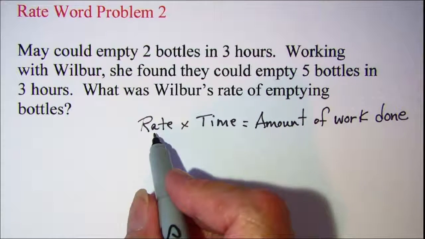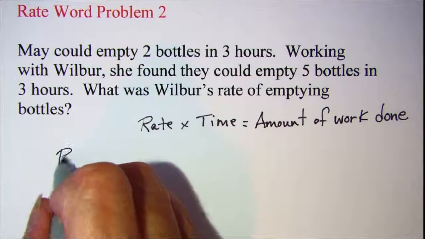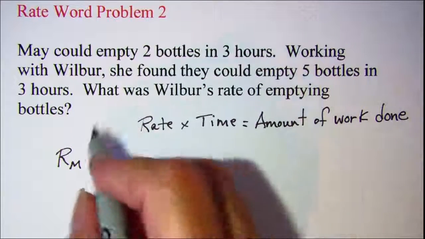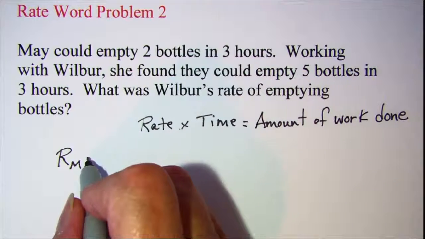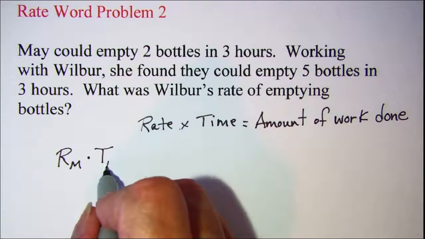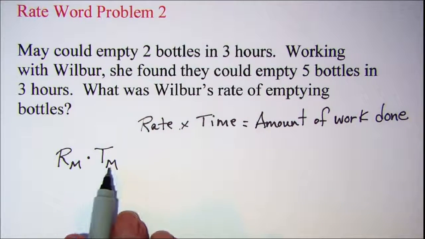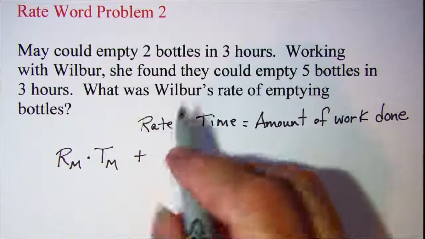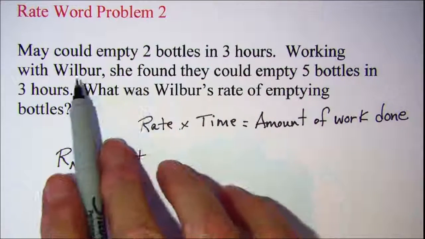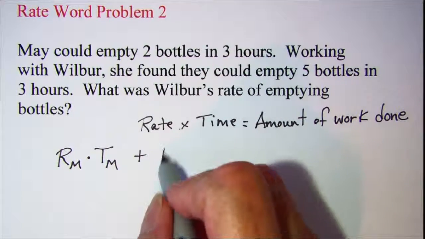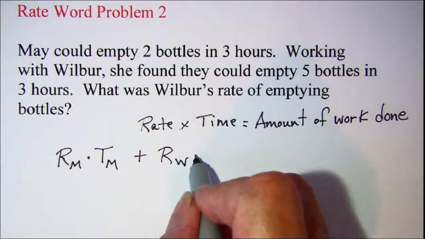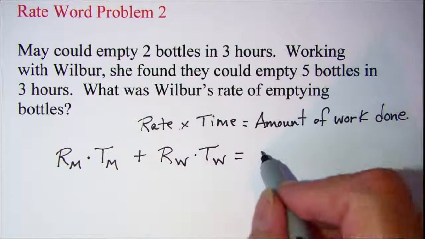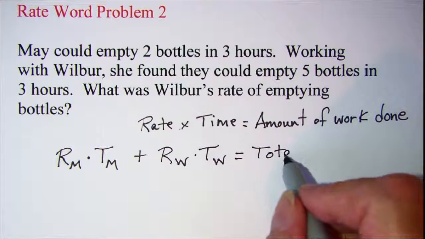So we need the rate for May, and I'll use R sub M for May's rate, multiplied by May's time, so T sub M, and this will be the amount of work that May gets done. Add to that the amount of work that Wilbur gets done, so Wilbur's rate times Wilbur's time gives us the total work done.